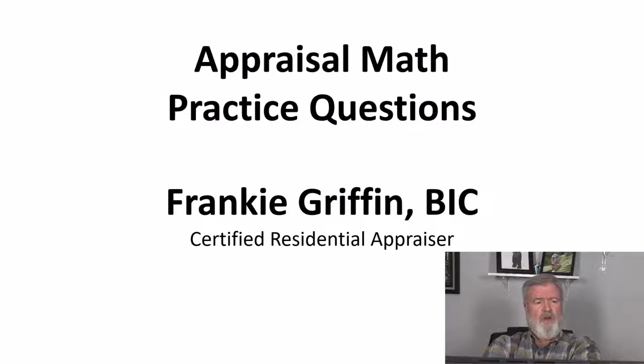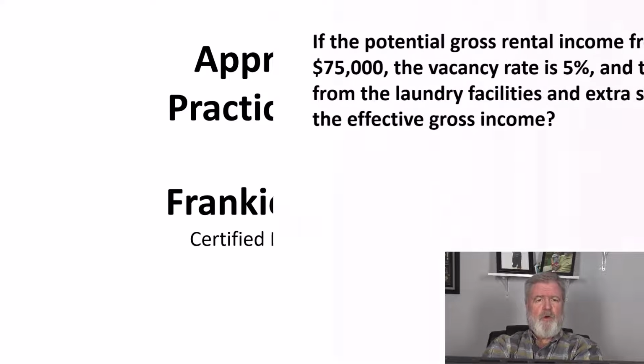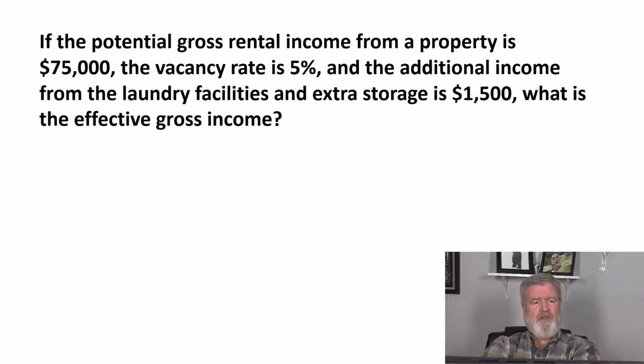First question: if the potential gross rental income from a property is $75,000, the vacancy rate is 5%, and the additional income from laundry facilities and extra storage is $1,500, what is the effective gross income? First of all, a couple things you want to pay attention to in this question.